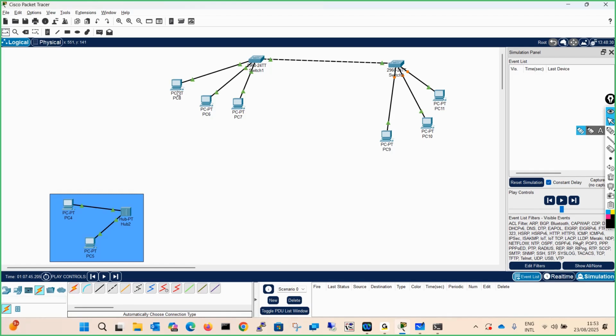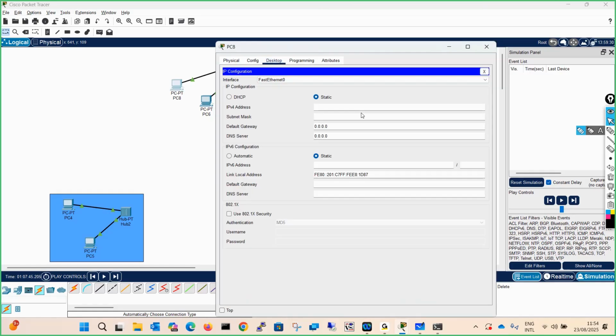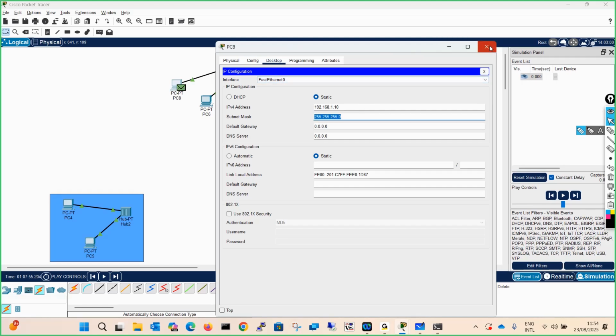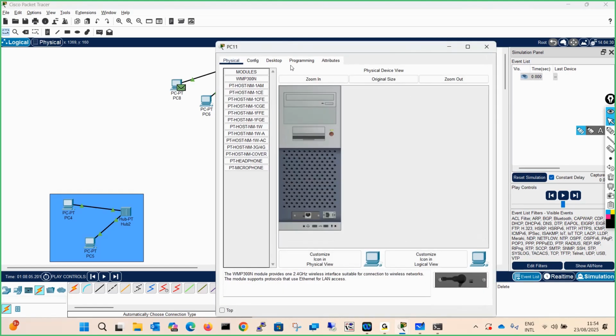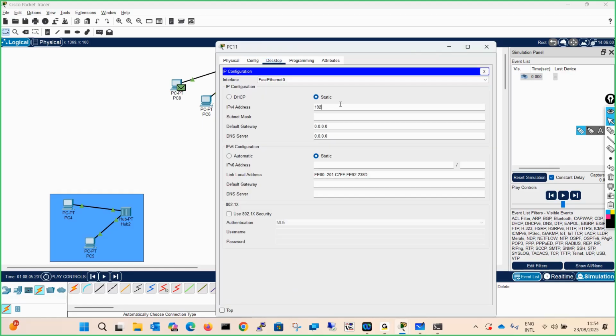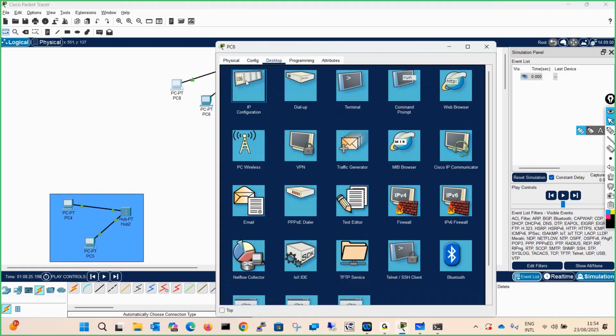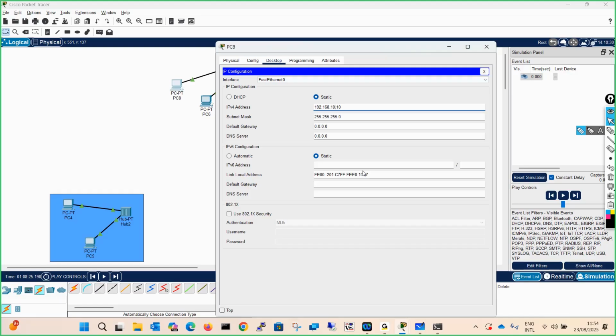So if PC8 over here wants to talk to PC11 over here, you have to configure the IP addresses. Let's configure the IP addresses over here: 192.168.10.10, and over here 192.168.10.20.